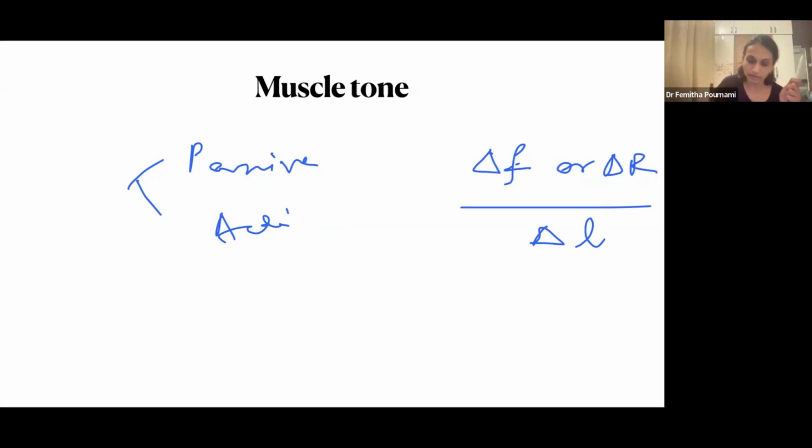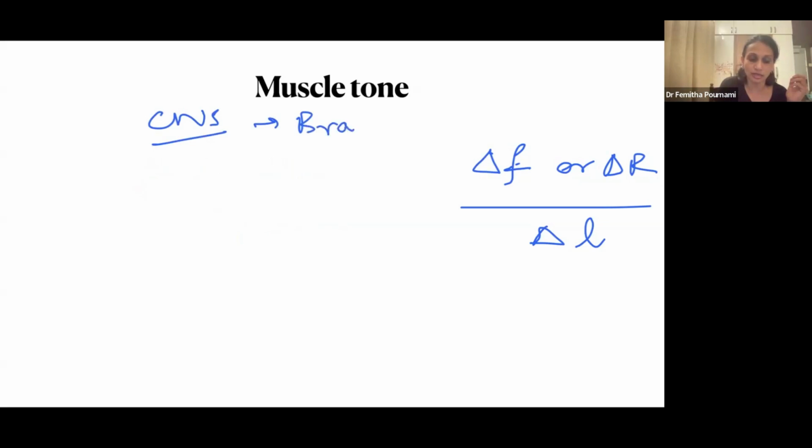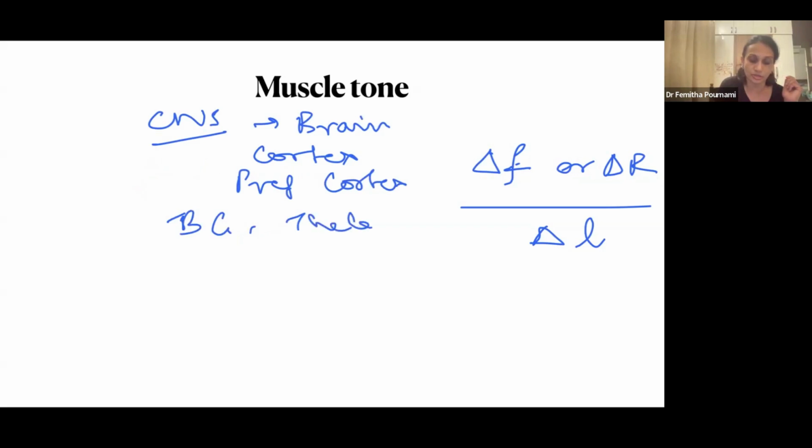That's exactly why I said you need to know some basic controls of how the muscle is controlled. You have the CNS control, which comes from the brain. The brain itself is not just the brain, it will be the cortex, the prefrontal cortex. You will have the basal ganglia, the thalamus that you're interested in, also the caudate putamen and the globus pallidus. You have the cerebellum also, which is fine-tuning the movements or the tone.